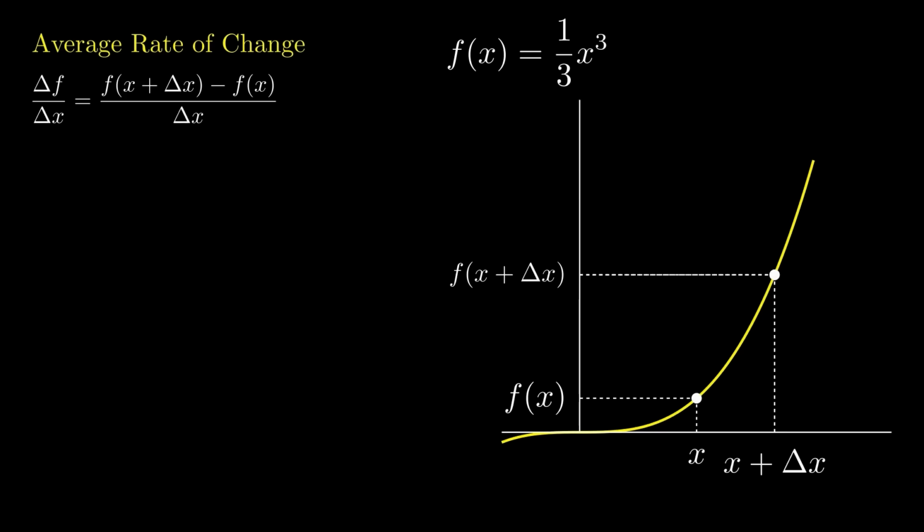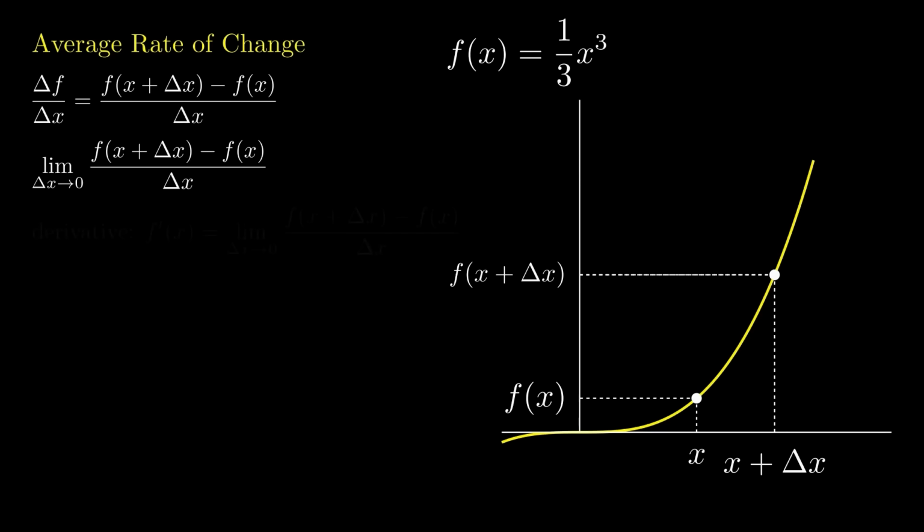Now we just need to consider what happens for smaller and smaller choices of delta x, meaning we have to use a limit. The limit as delta x approaches 0 of f of x plus delta x minus f of x, over delta x.